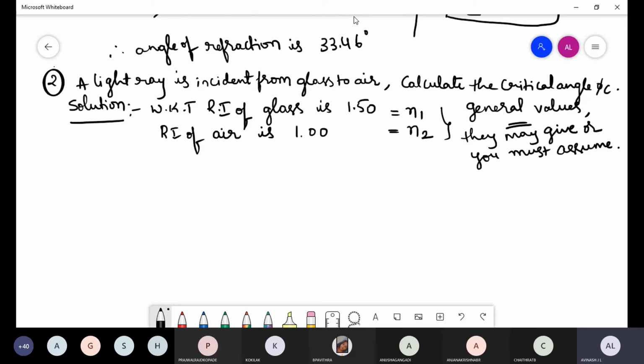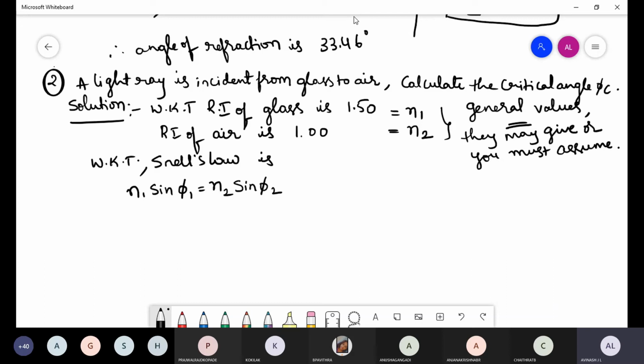Later, we know Snell's law. Snell's law is N1 sin phi 1 (or theta 1) equal to N2 sin phi 2.